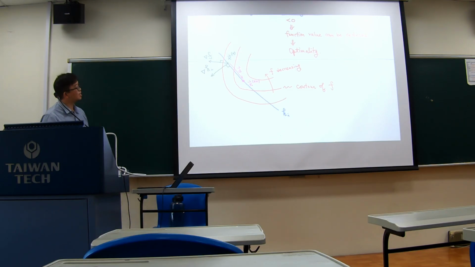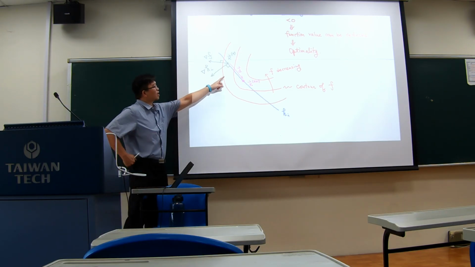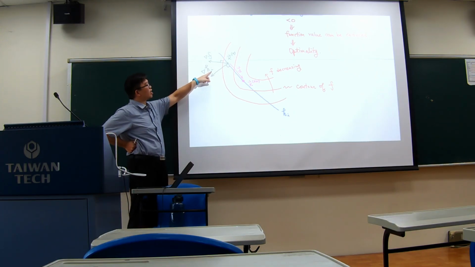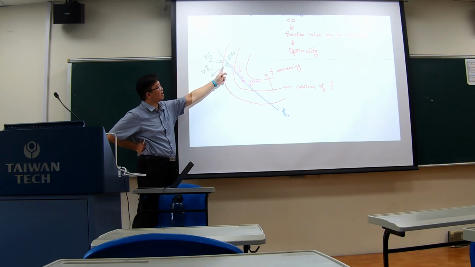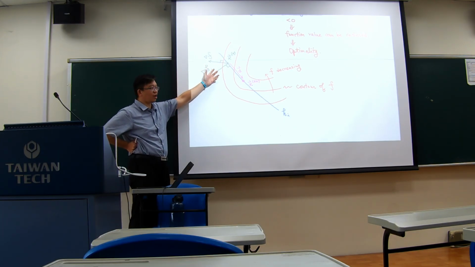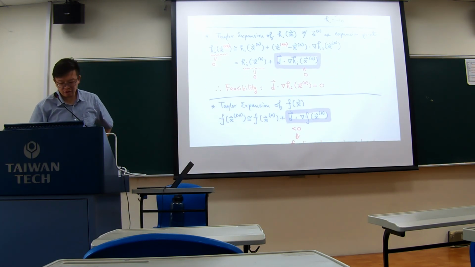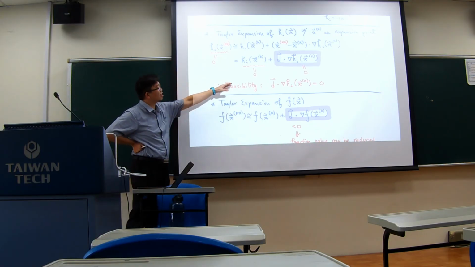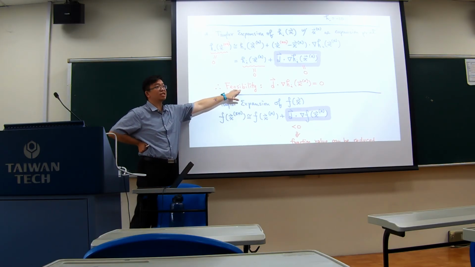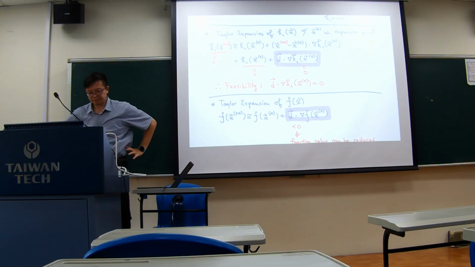If I do that, the d vector dot product with gradient h, because they are perpendicular, equals 0. So from here you can tell the dot product equals 0. In the previous rule, we mentioned for feasibility, we need d dot gradient h equals 0.